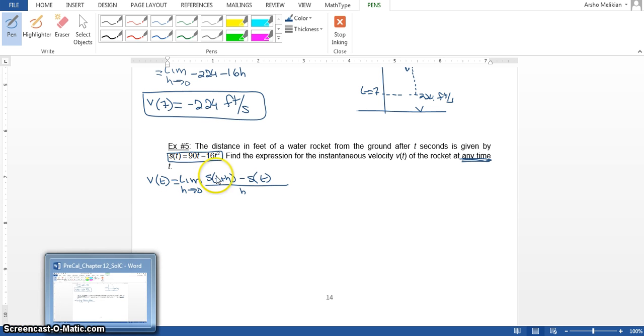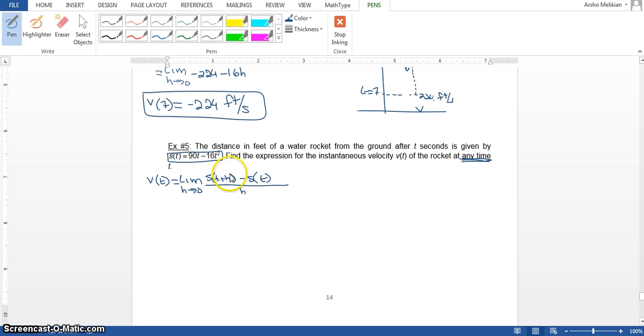So let's do some of this background work here. s of t plus h is going to be 90 times t plus h minus 16 times t plus h squared. So this is going to be 90t plus 90h minus 16 times t squared plus 2th plus h squared.